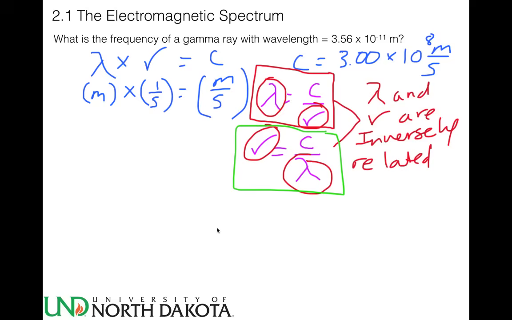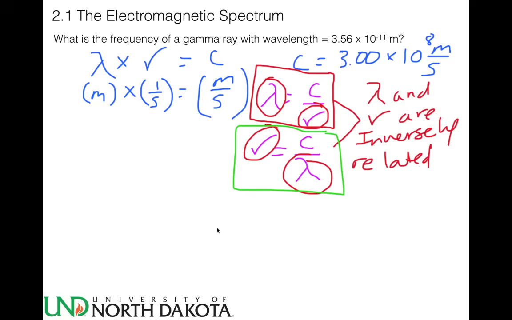Okay, so we can use this relationship to answer the following questions, and I have 4 questions for us to go through. The first question is, what is the frequency of a gamma ray with a wavelength of 3.56 times 10 to the negative 11 meters? Okay, we are solving for frequency, and we're given wavelength.